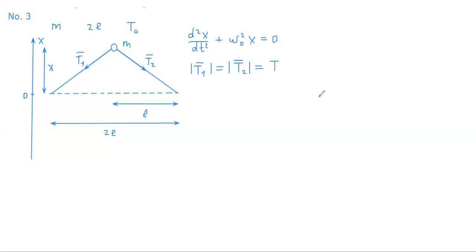And if there is no gravity, the next step is to find this T. This is the next step. And how to do this? Okay.